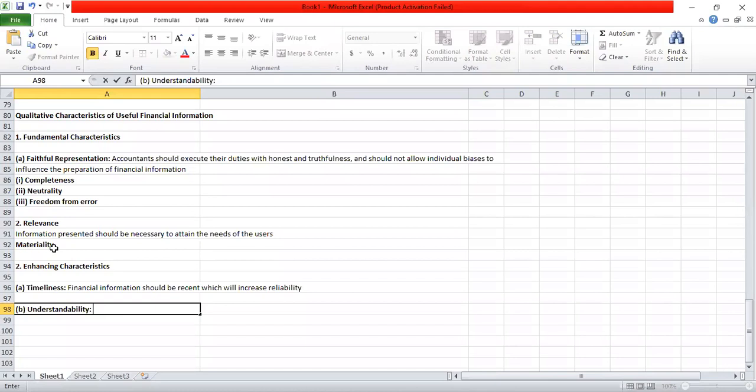All right, so financial information should be easily understood by an average user.